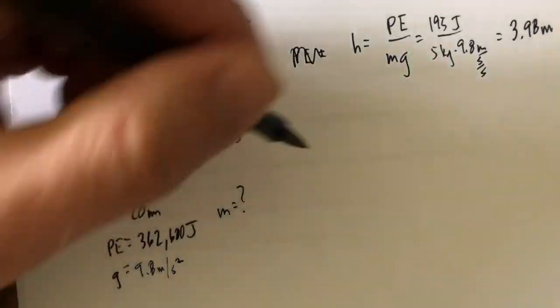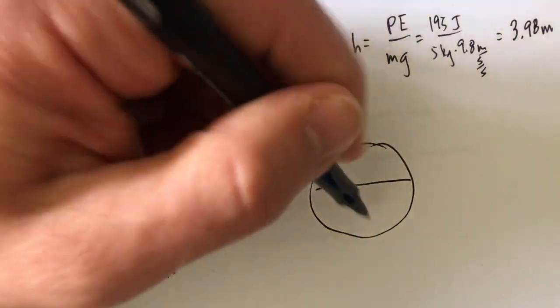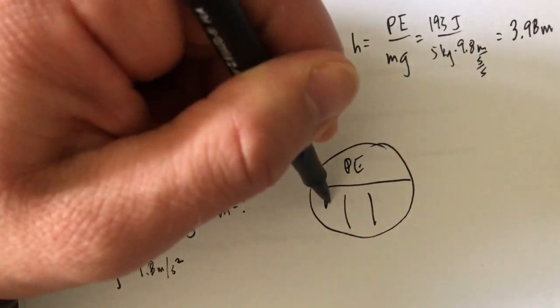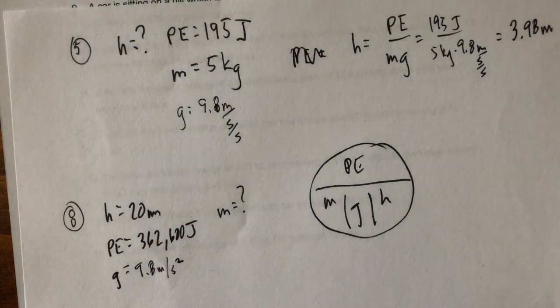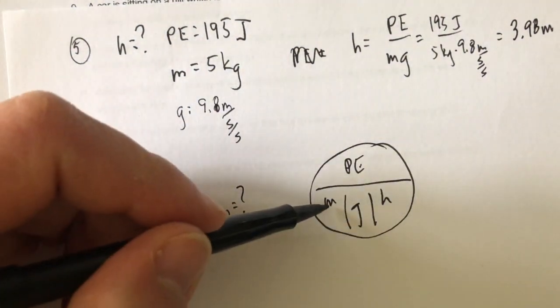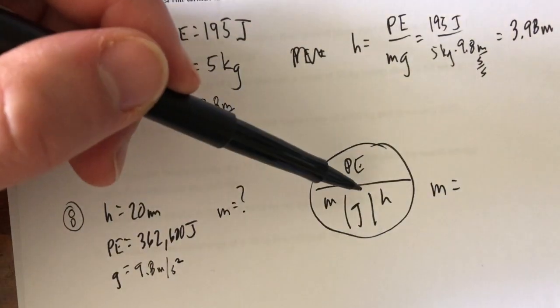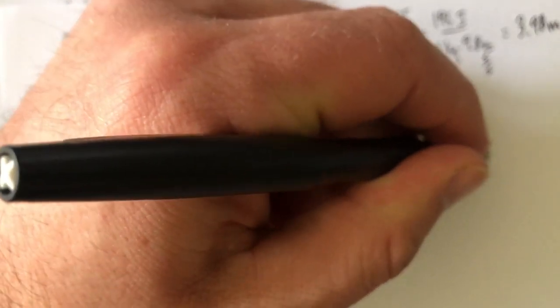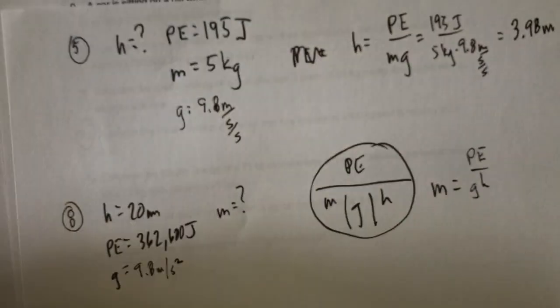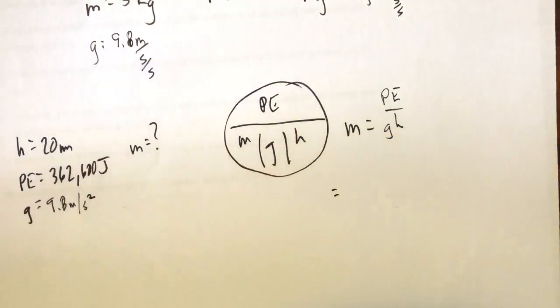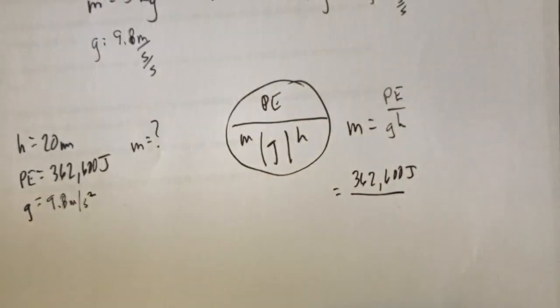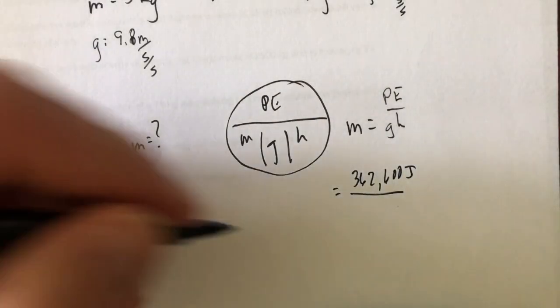All right, so let's take a look at what our equation is here. And we're trying to find M. So M equals PE over GH. All right, so then I can plug my numbers in. 362,600 joules over 9.8, sorry, times 20 meters.